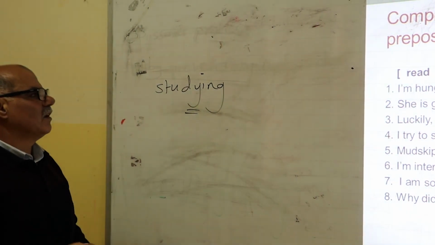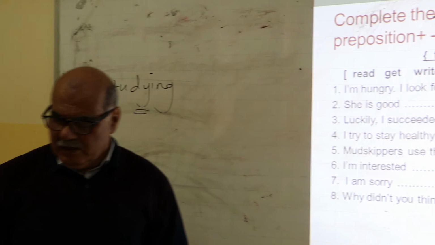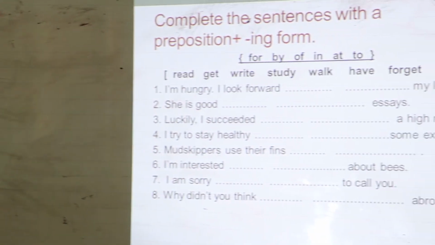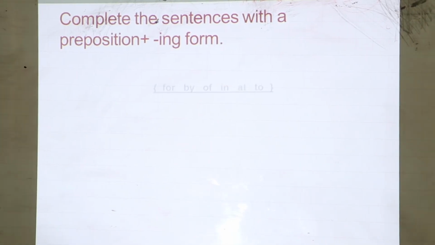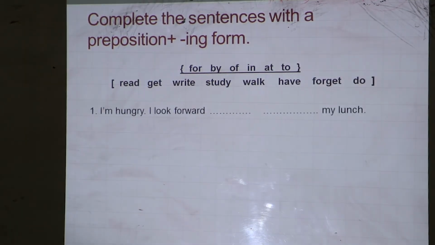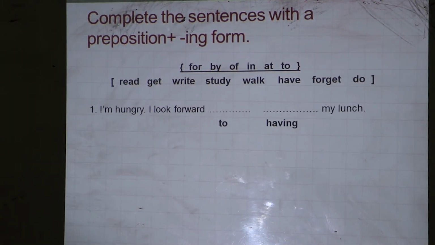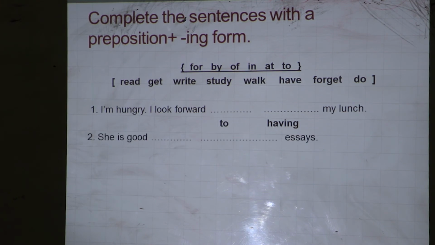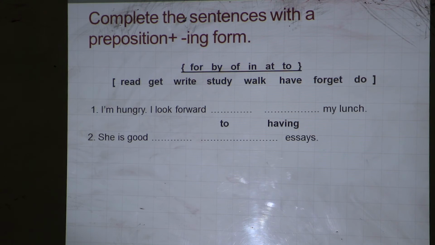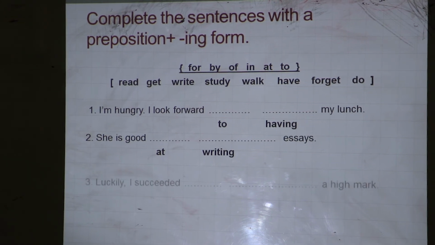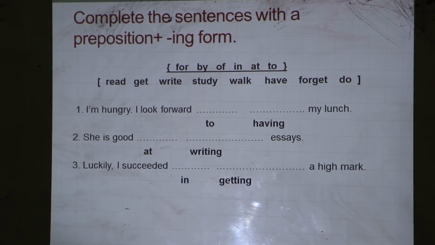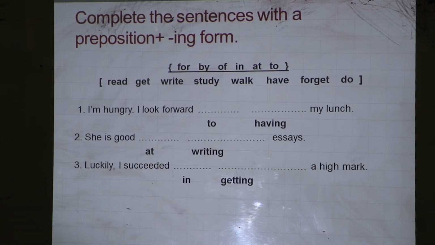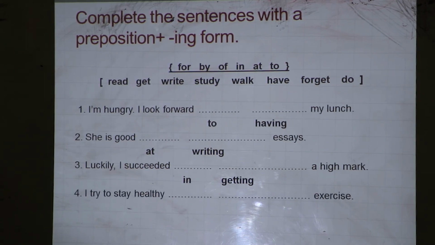Okay. Now, to check your answers, sentence by sentence, look at these verbs. Number 1, I am hungry, I look forward to having money. Number 2, she is good at writing essays. And number 3, luckily, I succeeded in getting a high mark.